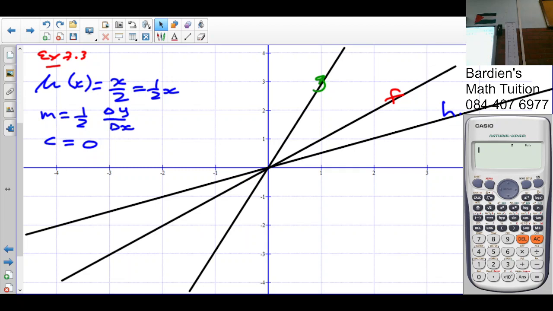Sketch graphs, restricted domain and finding the equation of the straight line. So, that's your next sub-menu.